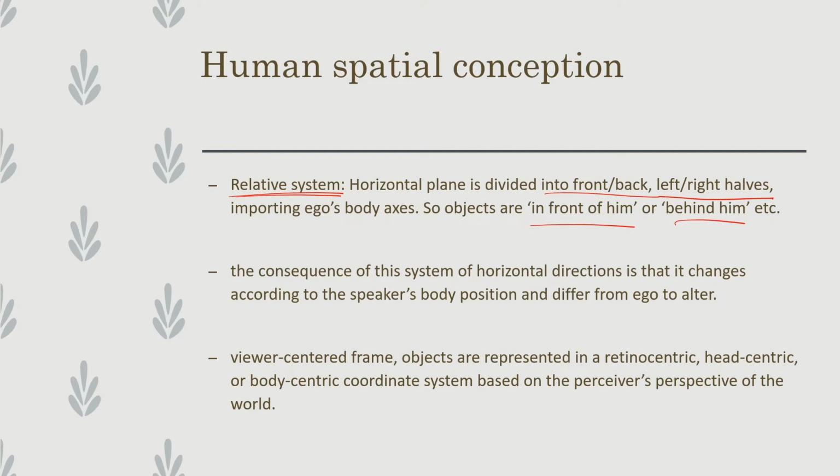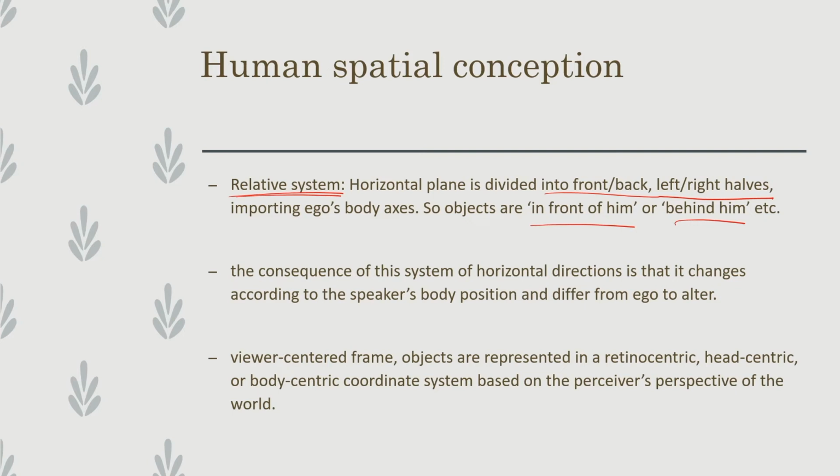What happens in the relative frame of reference is that it is relative to the ego, so the person who is speaking. So, depending on who is speaking, we create coordinates on the surroundings, on the environment, and basically we divide it into front and back and left and right and top and down and so on and so forth. And then in linguistic terms, we talk about x is in front of me, x is behind me, x is to my right, to my left, and so on and so forth.